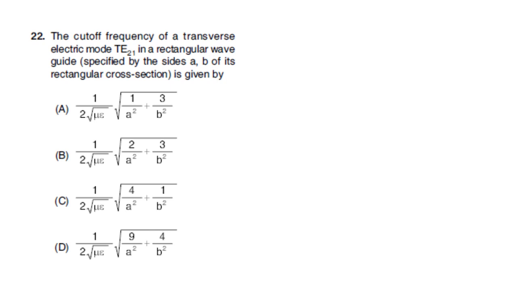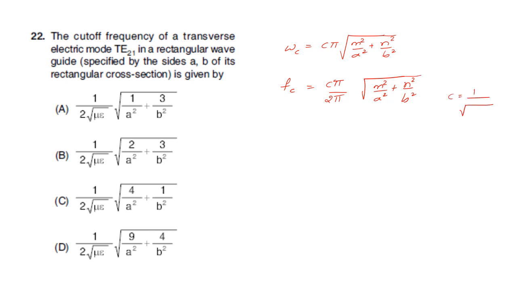So here the cutoff angular frequency omega c is given by c times pi times square root of m square by a square plus n square by b square, where a and b are sides of the rectangle. Then the cutoff frequency is given by c by pi divided by 2 pi, times square root of m square by a square plus n square by b square, where c is 1 upon square root of mu naught epsilon naught, or you can consider it as mu epsilon. So pi and pi cancel, giving 1 upon 2 square root of mu naught epsilon naught.